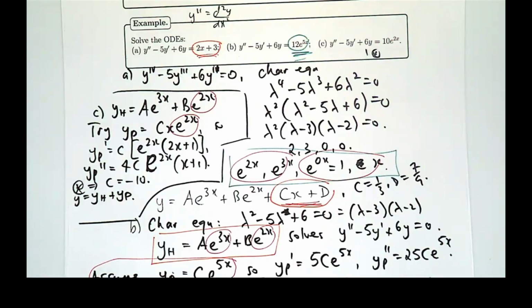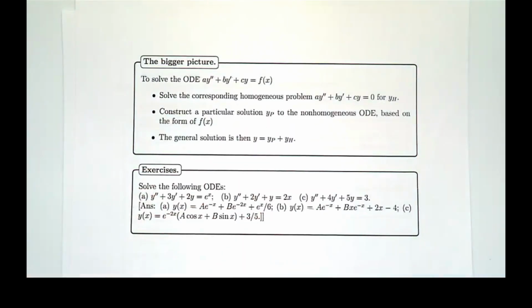All right, so what's new? What is new about DEs that you're going to learn? Well, I'm glad you asked. Here's the bigger picture, and then we're going to move on to something that you haven't seen before.